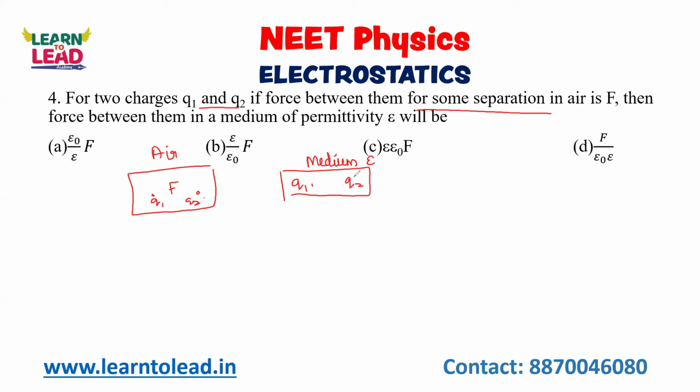When the two charges are placed in air, the force between them, we know, is 1 by 4 pi epsilon naught Q1 Q2 by R square, where epsilon naught is the permittivity of free space.